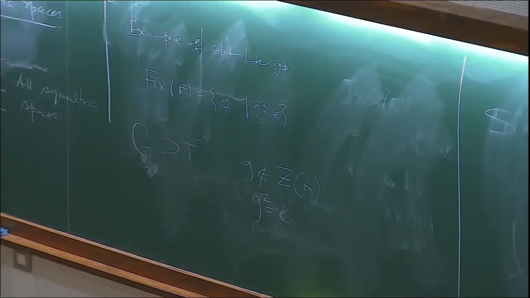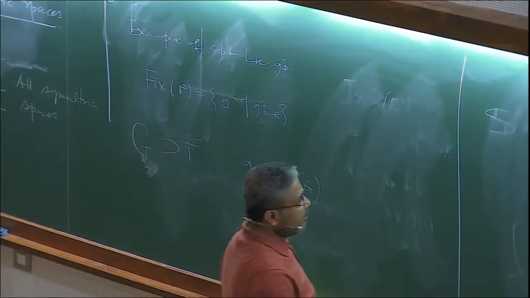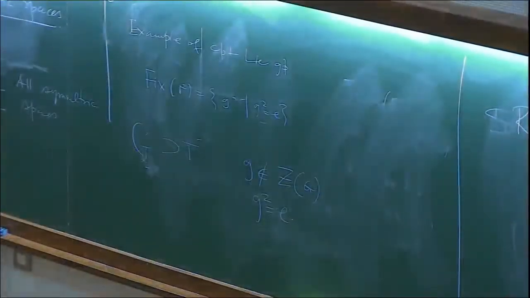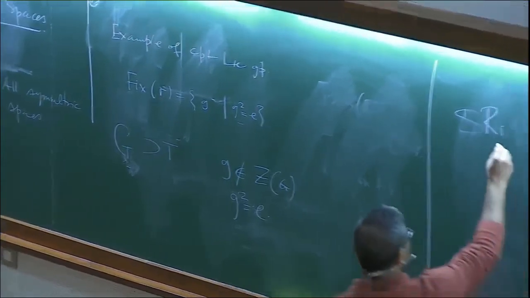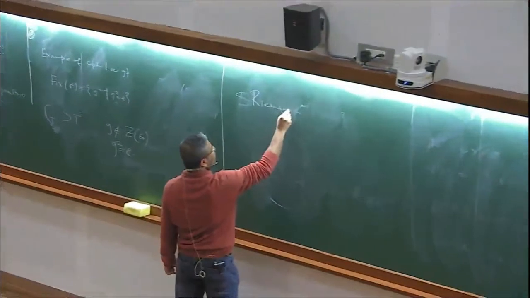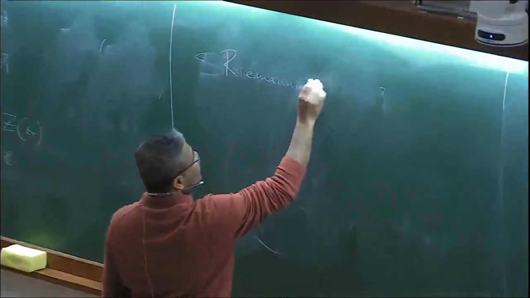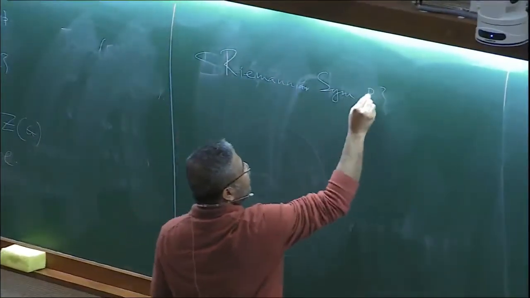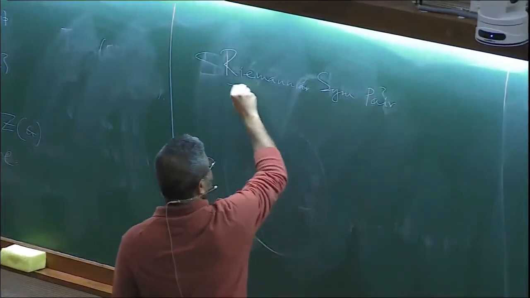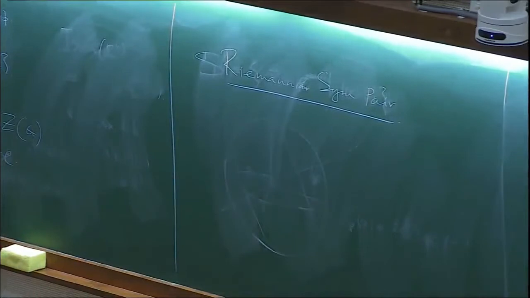All right. So, Riemannian symmetric pair. Well, it contains 4 elements, although it is called a pair.